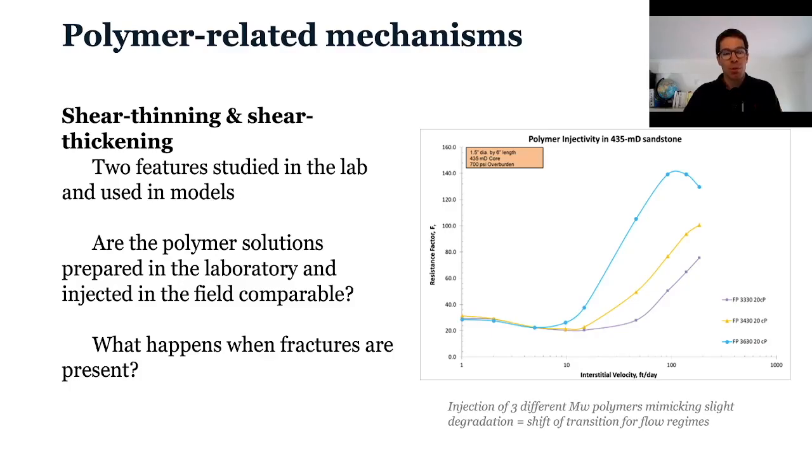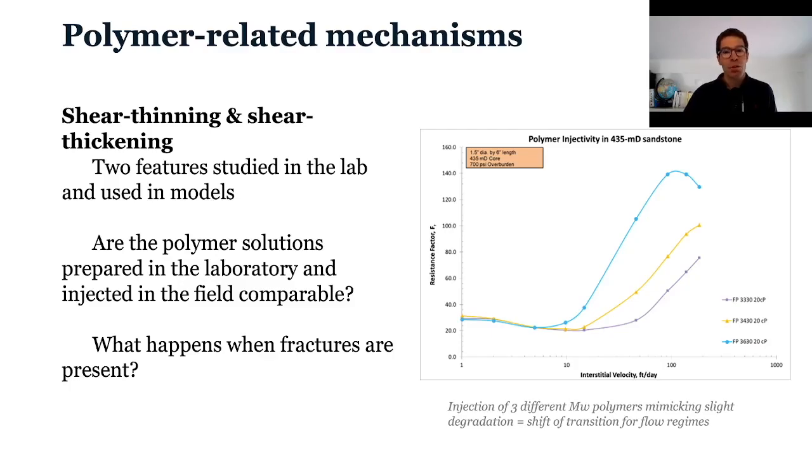Something which is also important to understand is that there is always a difference between the polymer solution we prepare in the lab and the one we have in the field. In the lab, it's pristine, there is no degradation, it's under control, the batch, everything has been quality certified. The quality is the same in the field. The difference is that once you go through the pumps and the perforations, you start removing the very high molecular weight chains, which often are the ones that cause trouble when it comes to injectivity losses and plugging.